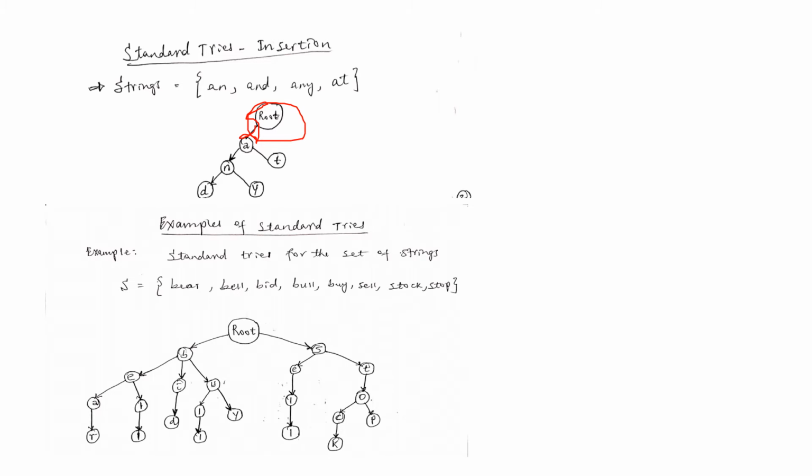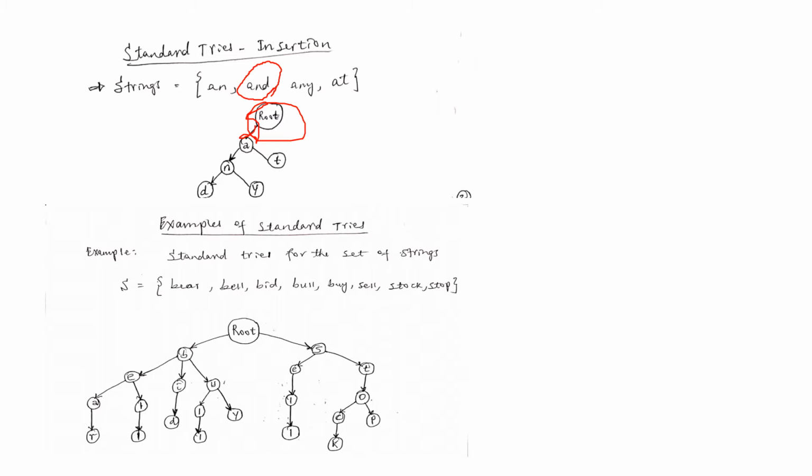Firstly I have to write this A, and I have to write like this: A, N, and D. This T and the Y are branches, to make at and to make any.